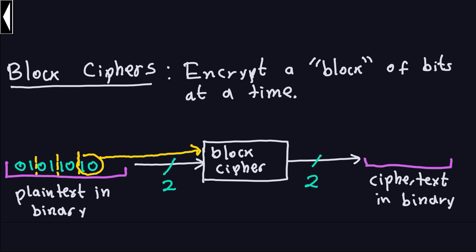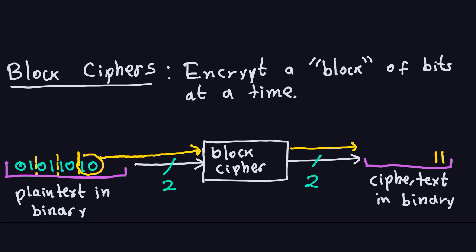The block cipher will encrypt it. It's 2 bits at a time, and it's going to come out here as 2 bits. So for example, if I have the 1 0, let's say I'm going to transform it into 1 1. And you do that process until you end up with all the bits in the plain text. So of course, this is going to be a block of 2.